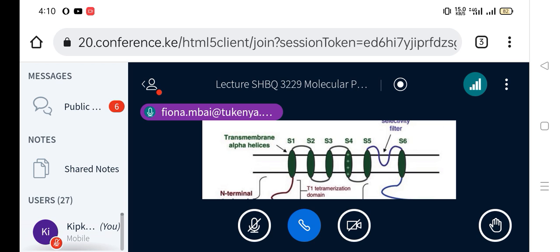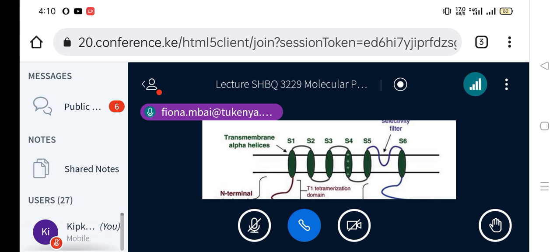How does this look like? This is an integral membrane protein that has been inserted as a transmembrane protein. In other words, it traverses the lipid bilayer, subunit 1, subunit 2, 3, all the way to subunit 6. And these are the transmembrane alpha helices.